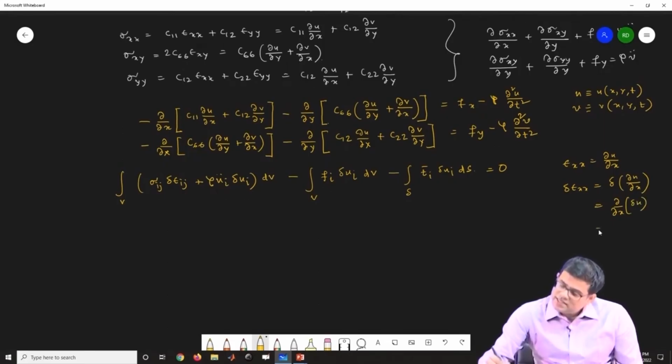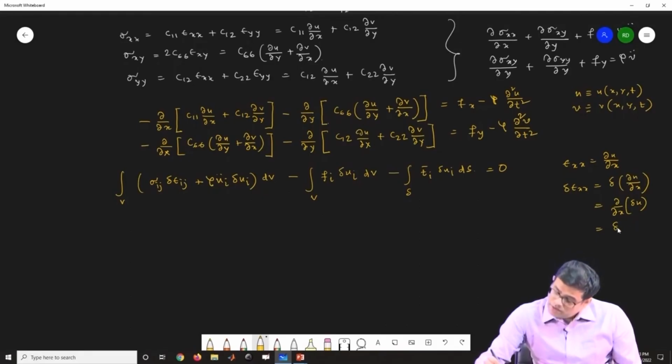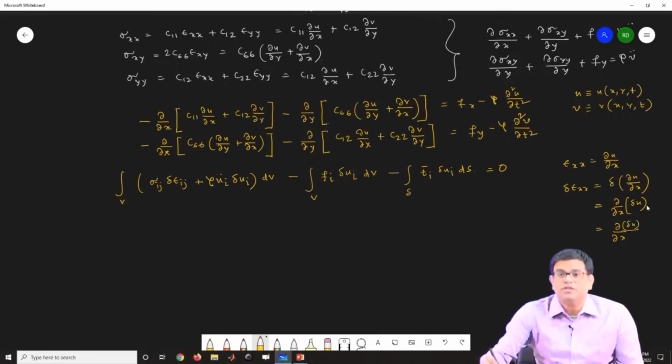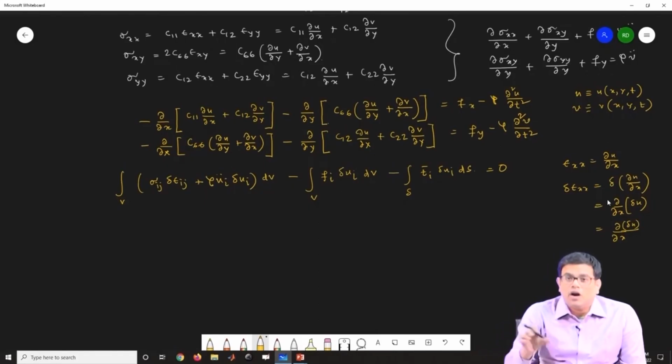Essentially this is nothing but delta of the strain, so delta of the derivative of u with respect to x, that means I can write it as d/dx of delta u. So this is the property of commutativeness of the delta operator. These things we have studied already.